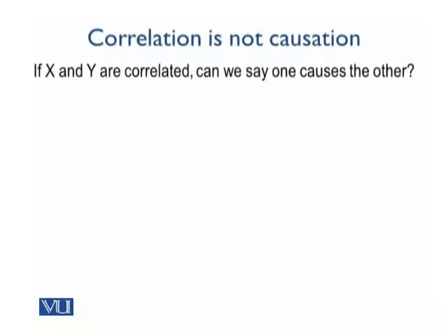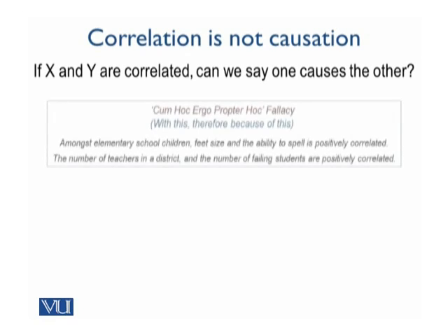Lastly, just because we have correlation does not mean we have a causal effect. We've actually covered this before in the session on logical fallacies, when we talked of the fallacy known as cum hoc ergo propter hoc. In English, it means "with this, therefore because of this." Just because two things happen at the same time, we cannot say that one thing is causing the other.